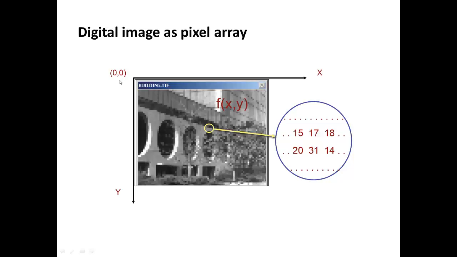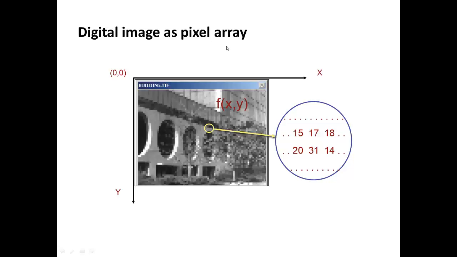One thing I want to emphasize here is that in the computer, the coordinates we generally count from the top left to the bottom right. That means the point on the top left corner of the screen, we label it as 0 by 0.